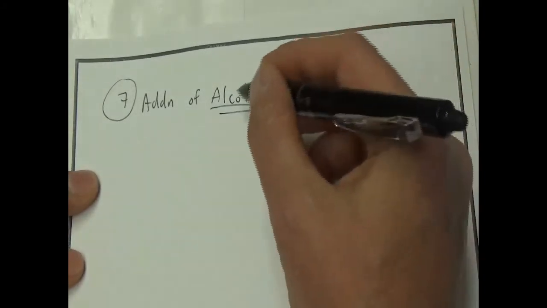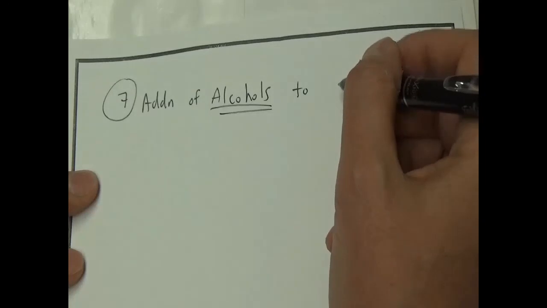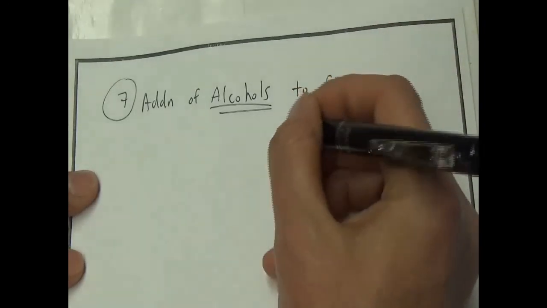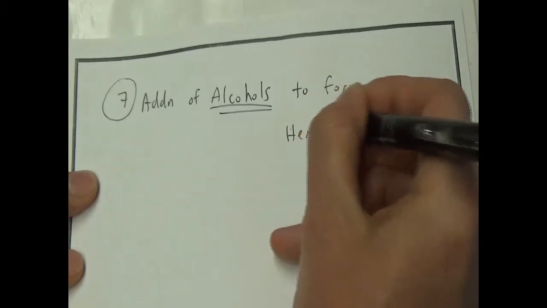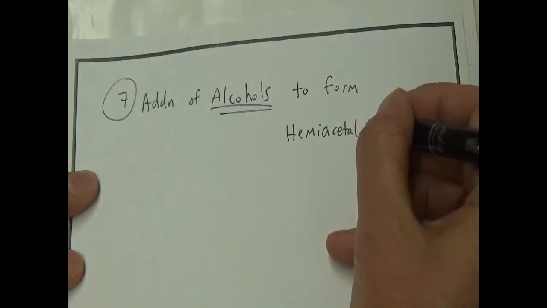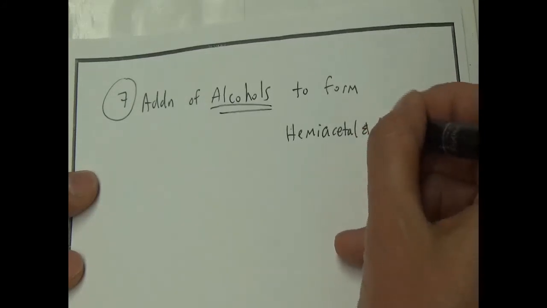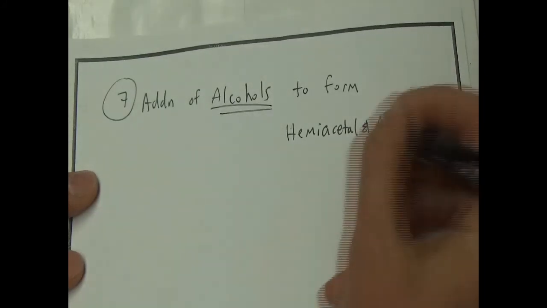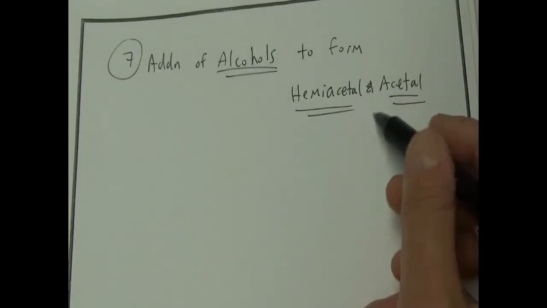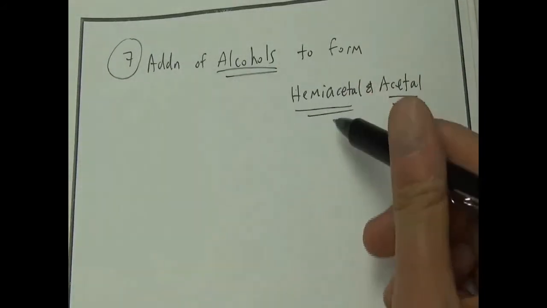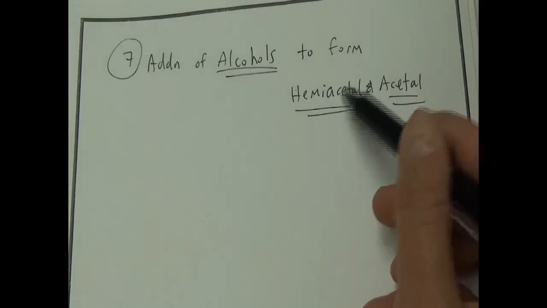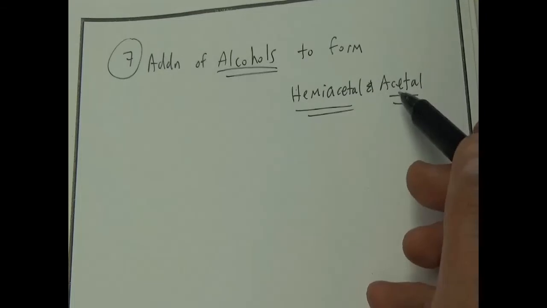When you add an alcohol to an aldehyde or ketone, you first form something called a hemiacetal, and then it usually continues to form an acetal. I'll explain what those two things are. They're basically the alcohol addition products. What are those two things?